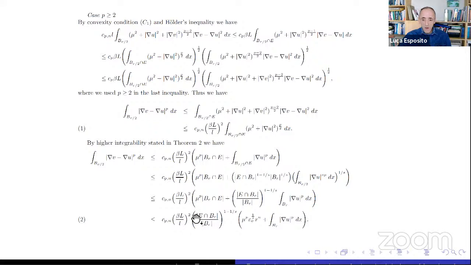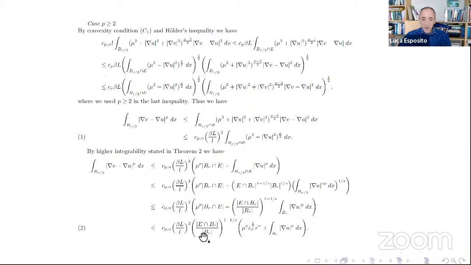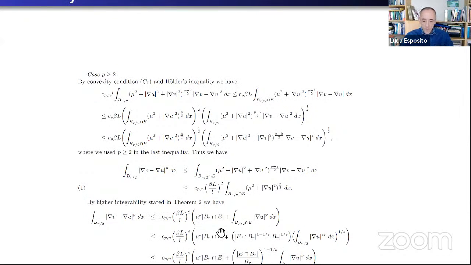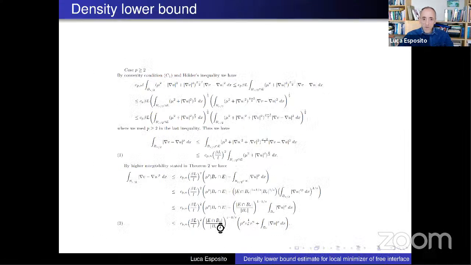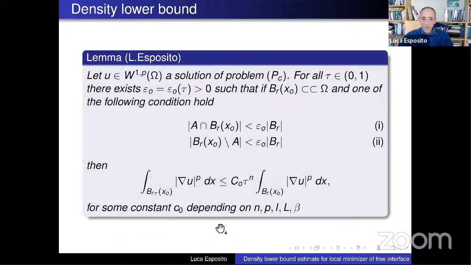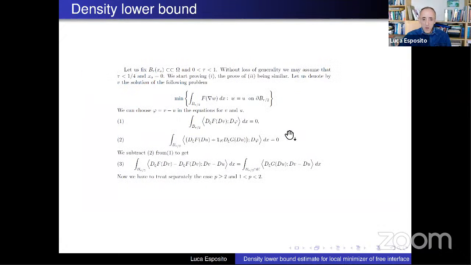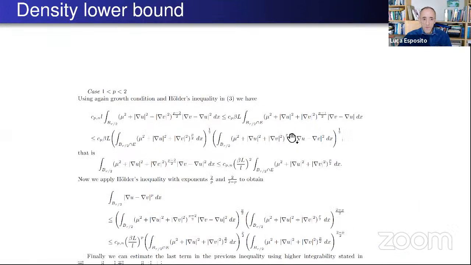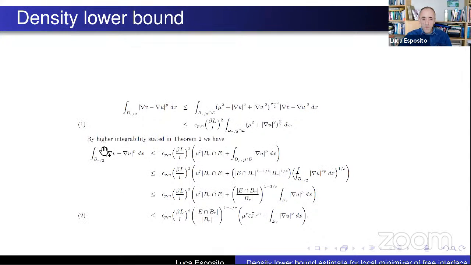Here in front you have something that is small by hypothesis of the lemma, because I recall that we have this assumption on E. So these are small, and you can perform the calculation and prove this is small.